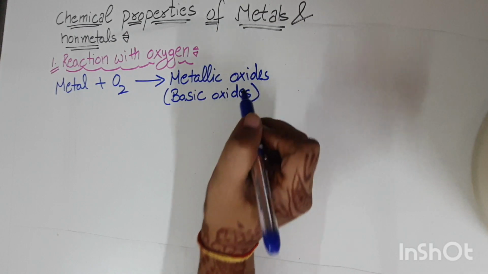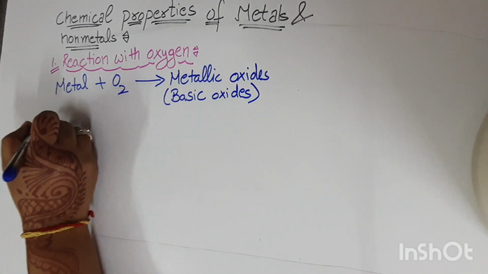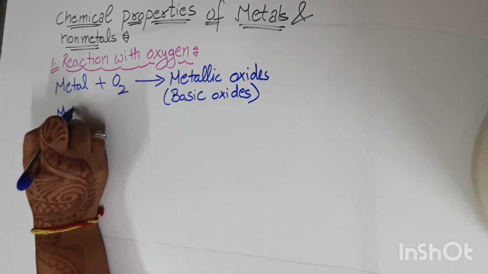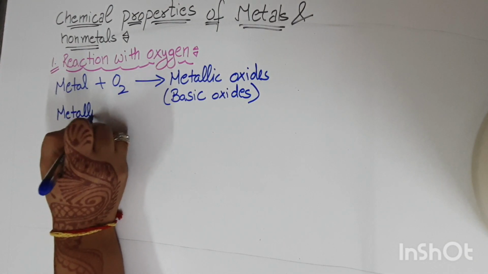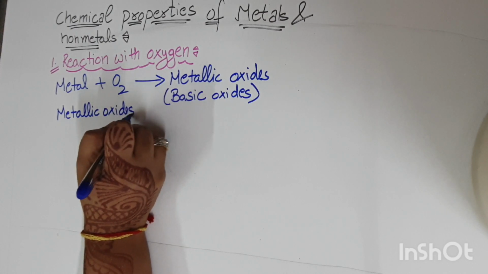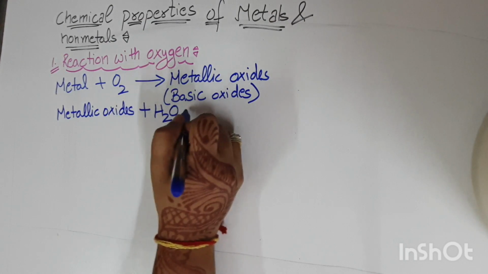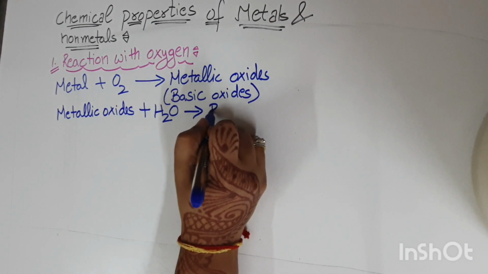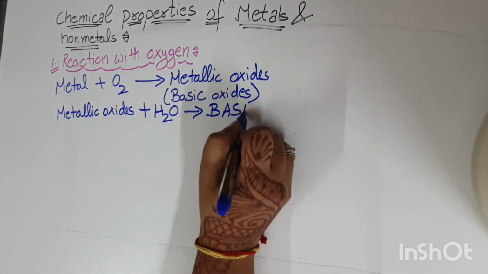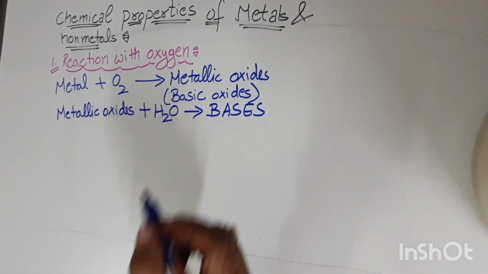Now the question is, why are metallic oxides said to be basic oxides? Because when these metallic oxides, formed on reaction with oxygen, are added into water, they will form bases. How will we check that these are bases?